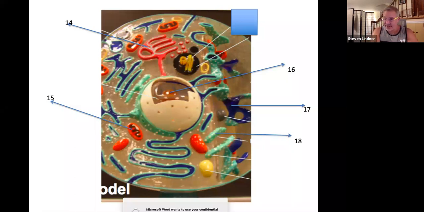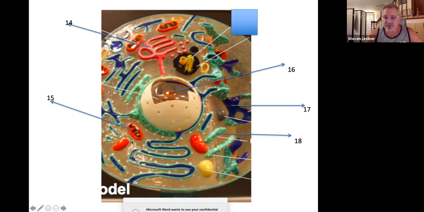Not what is the name, what is its function? Then you could say carbohydrate metabolism or lipid metabolism. What is it? It's the smooth endoplasmic reticulum. What about 18? 18 is the rough endoplasmic reticulum.